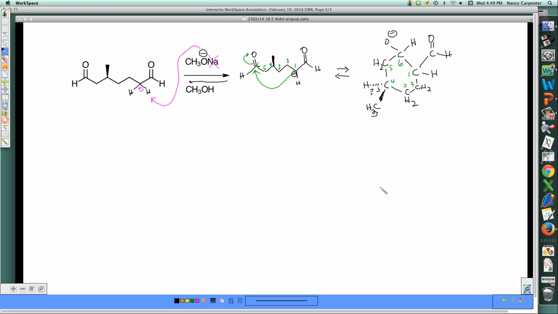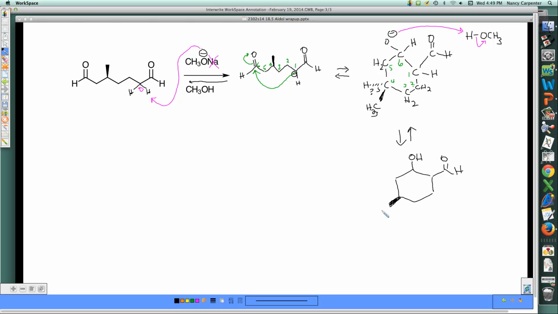Okie-dokie. Now what? Well, it's an aldol, so we know we're going to end up protonating the oxyanion to give this as my product. And we should say something about the stereochemistry.